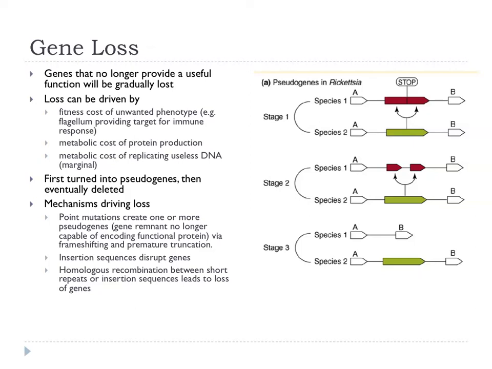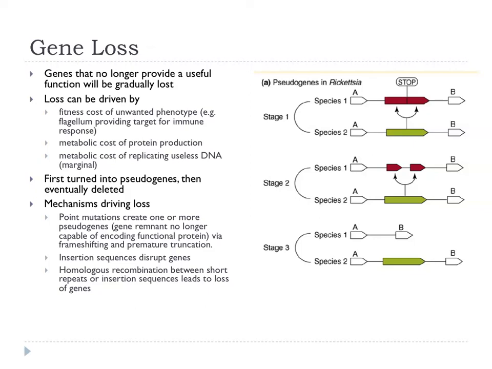If you just knock out the gene function so that the genes no longer produce proteins but are sitting there in the genome, there is a marginal fitness cost: you've got 20 kilobases of DNA that's not doing anything. But that's a slow thing. So the first thing that happens is you get introduction of stop codons into a gene, turning it into a pseudogene.